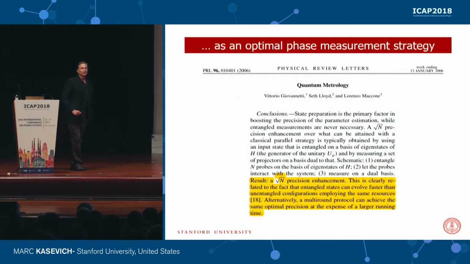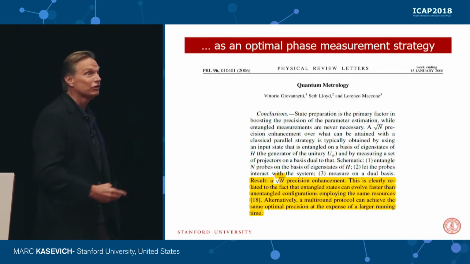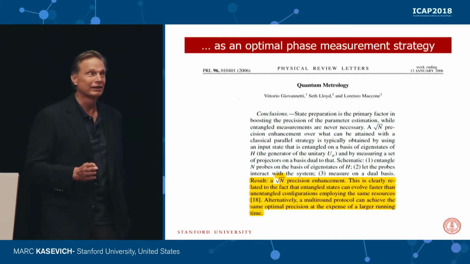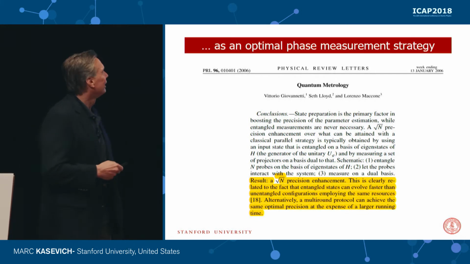So this seems like a very simple classical measurement protocol, but there's, I think, an inspiring paper from Seth Lloyd and collaborators in 2006 that was aimed at describing quantum metrology protocols. And in this paper, this is the abstract. I want to highlight in yellow one of the concluding sentences.